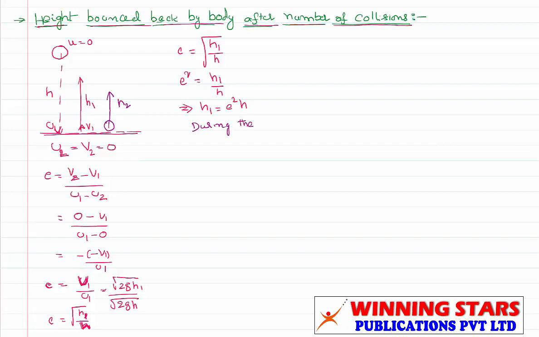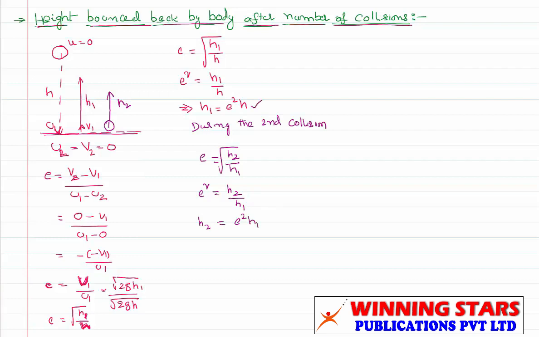Based on the definition, e is the root of the height to which it has bounced back by the height from which it has fallen. Squaring that, h2 equals e square times h1.